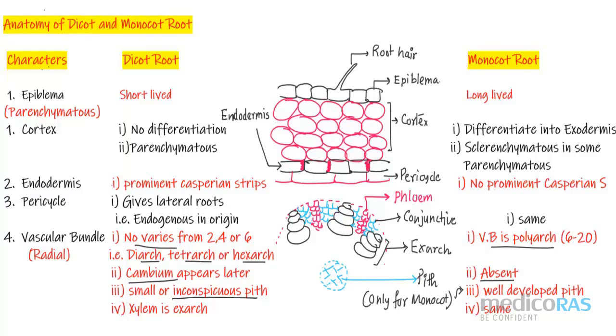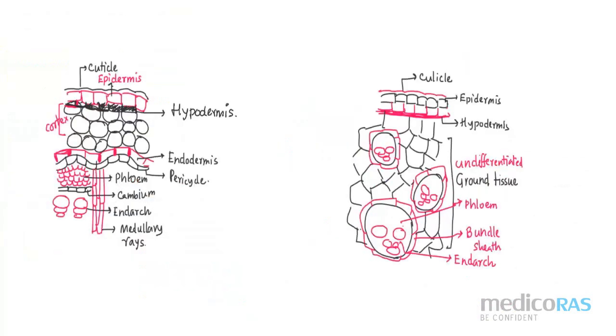Again, the pith is inconspicuous or small, that means you can say almost negligible, in case of dicot, whereas pith is well developed in case of monocot. So all the differences are written in this part. Hopefully this part will help you to understand and to remember all the points. After completion of this, let's check the next part, and that is the anatomy of dicot and monocot stem.